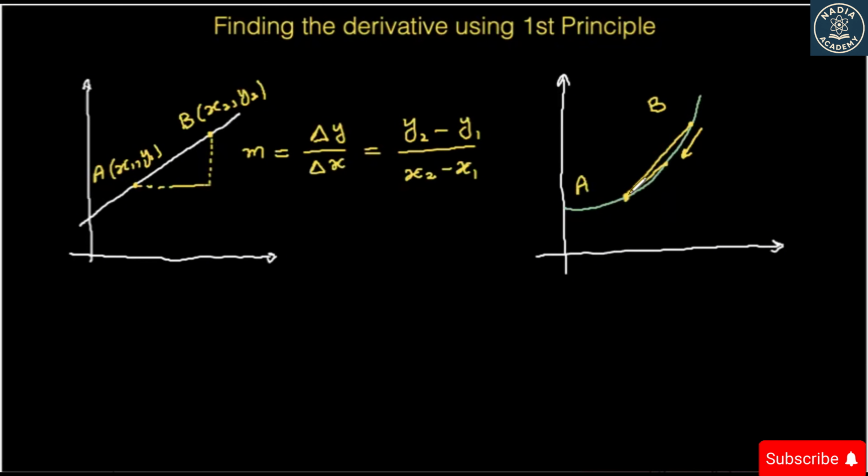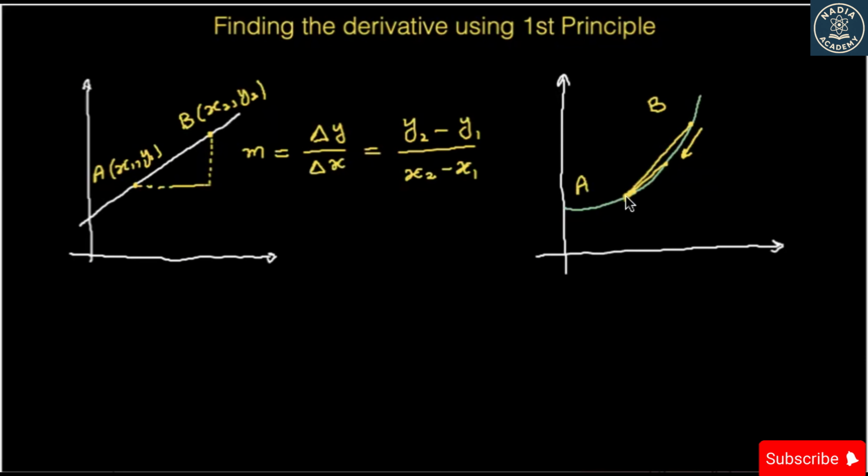If we bring point B very, very close to A, then the gradient between these two points A and B will be almost the gradient of the curve at point A. So what does this mean? We can use this methodology to find the gradient.